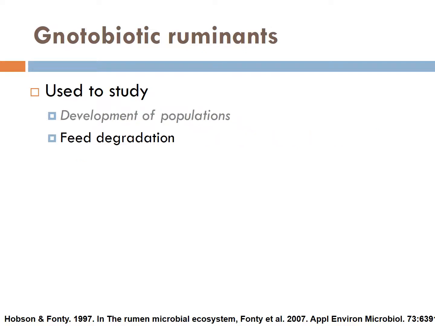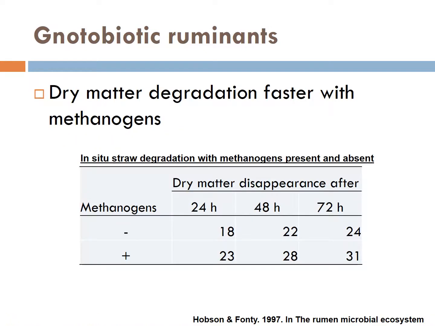They've also been used to study feed degradation. We saw these data earlier when we discussed interspecies hydrogen transfer, and we saw that dry matter degradation is faster when methanogens are present. As you recall, animals with methanogens absent showed lower degradation of straw between 24 to 72 hours compared to animals in which methanogens had been added.